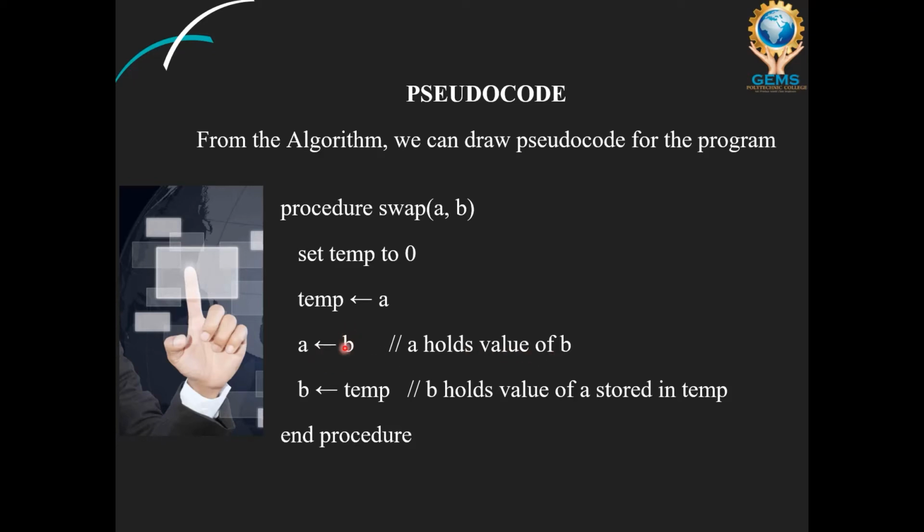That means the value b has is held by a now. This step says that the value temp is holding, which is the a value, is going to be assigned to b. So b holds the value of a stored in temp.